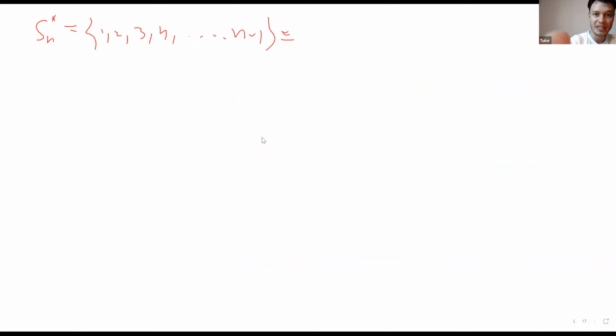This should be the same as the set ASn, which is A, 2A, 3A, 4A, all the way until n minus 1 times A, which is basically the set ASn star because it doesn't contain a 0.